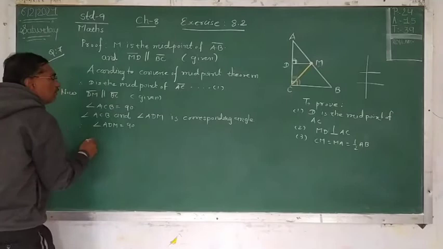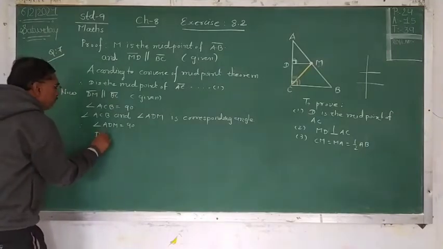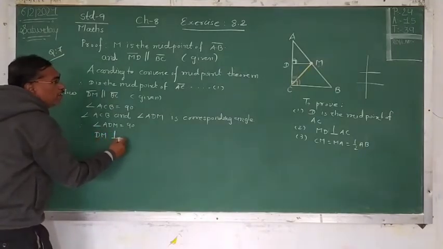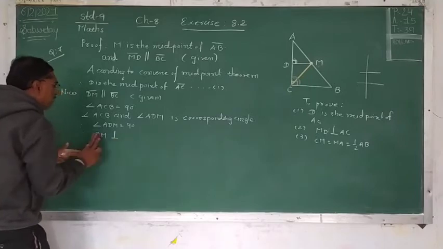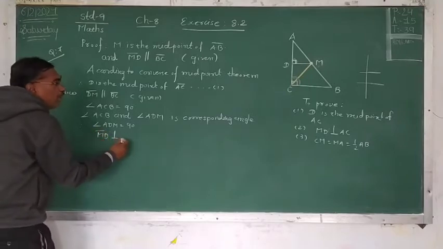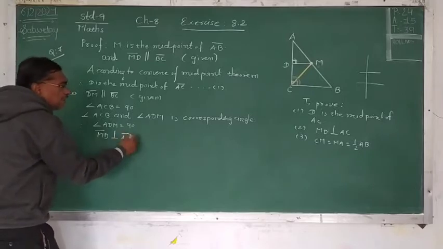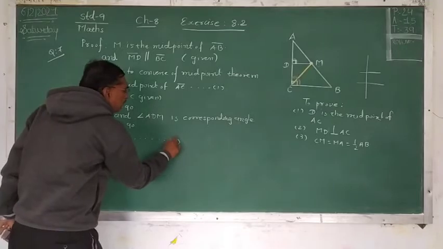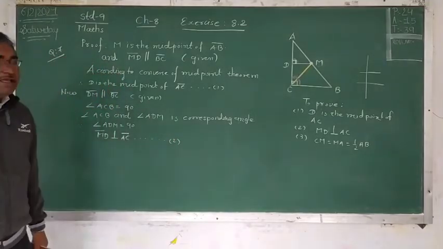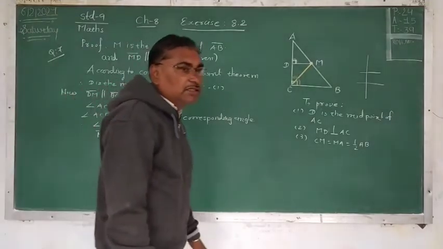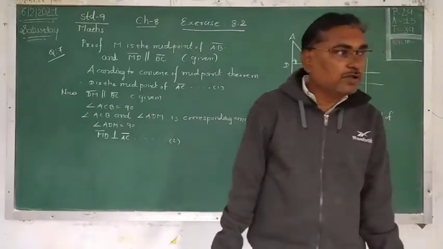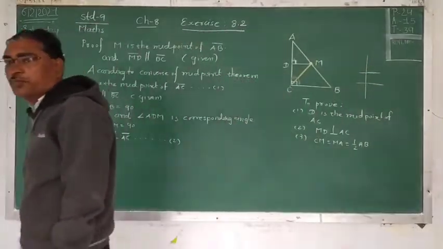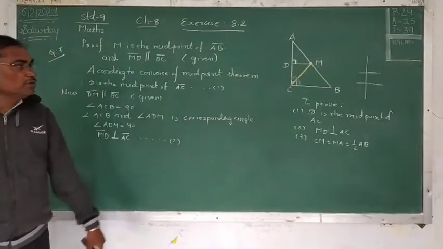Therefore, MD is perpendicular to AC. Result number 2. Okay, corresponding angles are equal, so it is true. The second result is true. Now we are going to the third result.